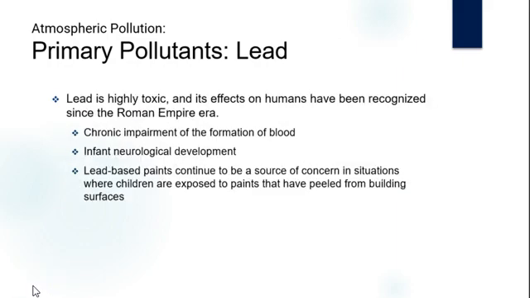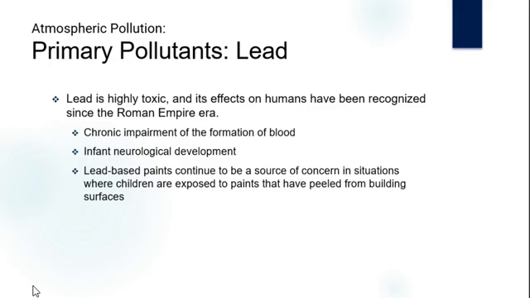Another primary pollutant is lead. Lead is highly toxic, and its effects on humans have been recognized since the Roman Empire era. Lead can produce chronic impairments of the formation of blood, and it affects infant neurological development.